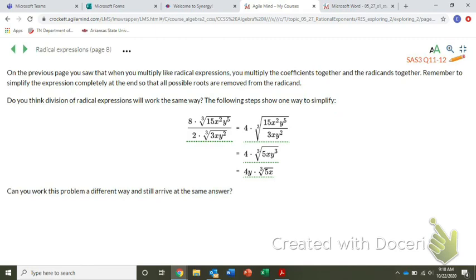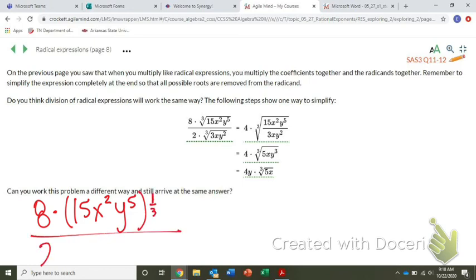So I'm going to rewrite my problem as 8 times 15x squared y to the 5th, and all that is to the 1/3 power, over 2 times 3xy squared to the 1/3 power.